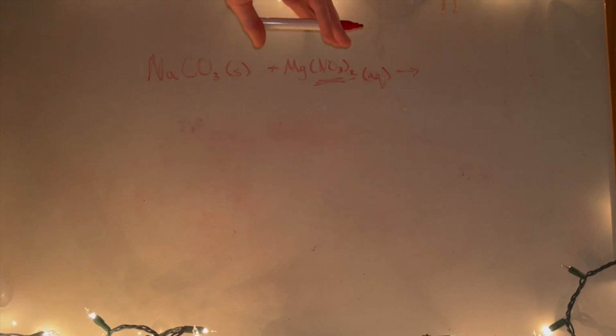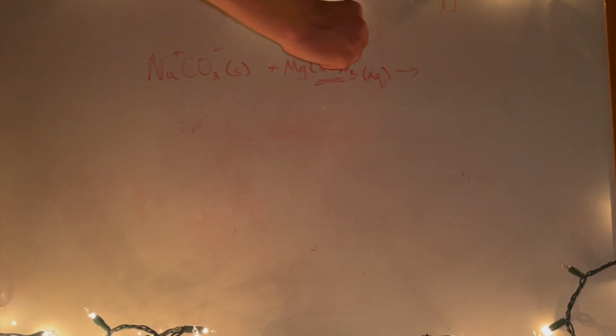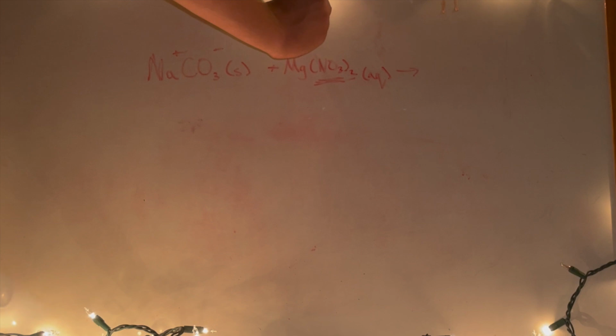And then the next thing we want to do, again, is detect the charges of each element. So we know that Na has a positive charge, CO3 has a negative charge, and because there's two NO3, we know that Mg has a +2 charge. And we know that NO3 has a negative charge.